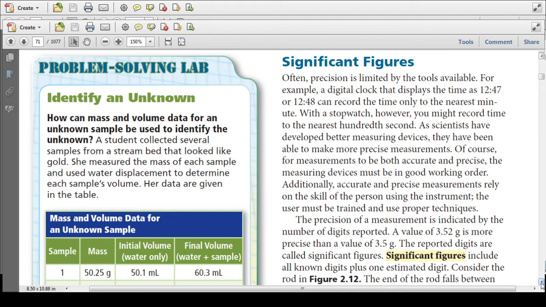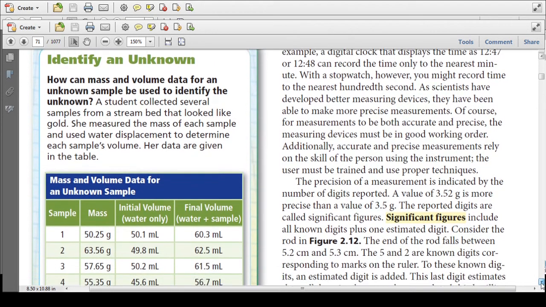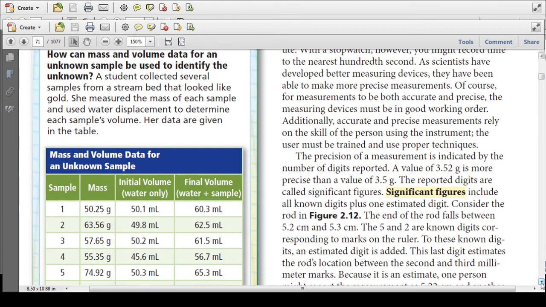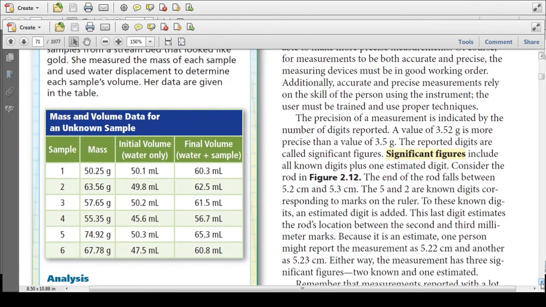As scientists have developed better measuring devices, they have been able to make more precise measurements. Of course, for measurements to be both accurate and precise, the measuring device must be in good working order. Additionally, accurate and precise measurements rely on the skill of the person using the instrument.